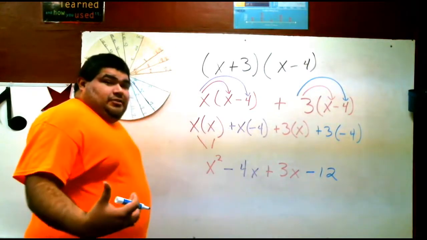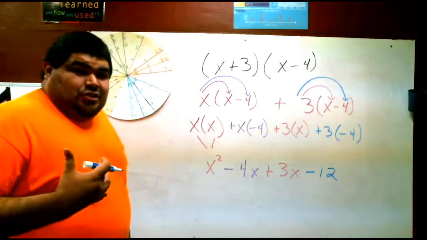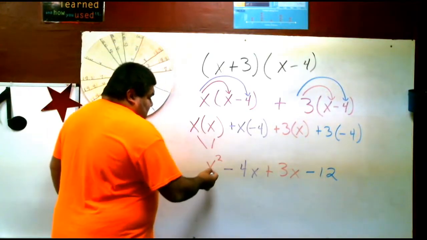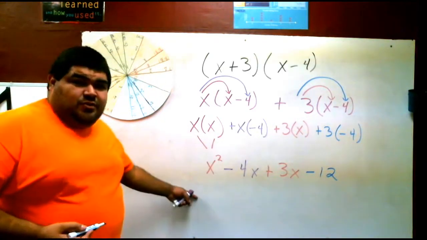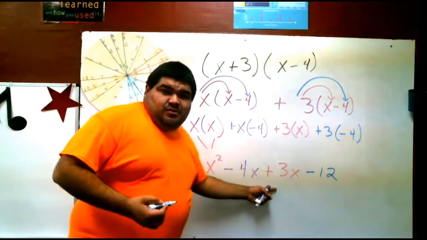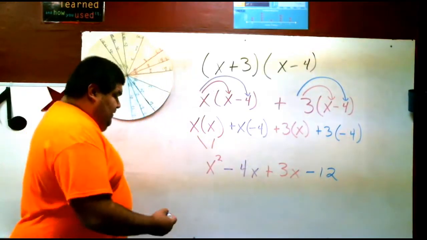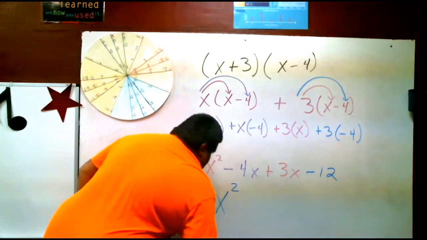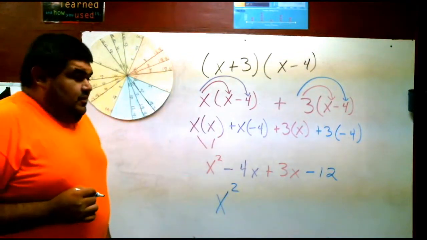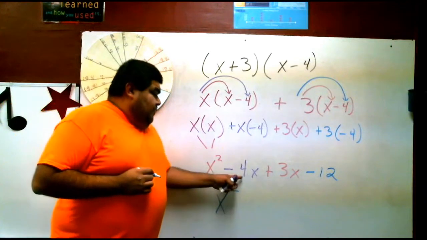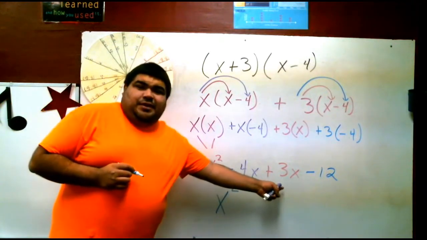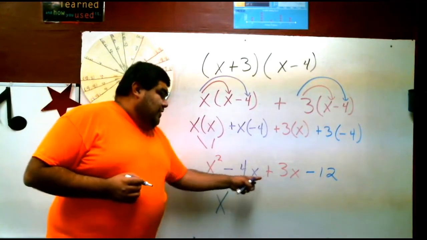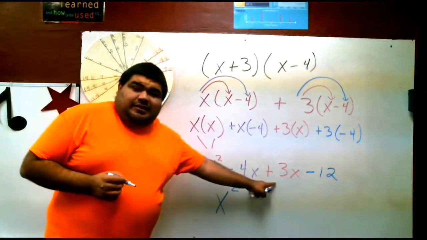So for the final answer, we're going to combine like terms. Notice that we have an x squared. There's no other x squared in here, so we leave it as it is. We bring down x squared. Now we have negative 4x plus 3x. Notice they both have an x. Since we're adding and subtracting, we have negative 4, positive 3.